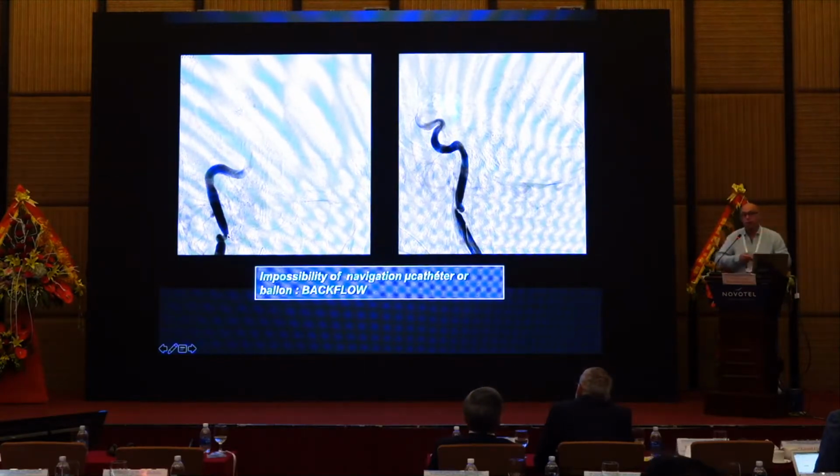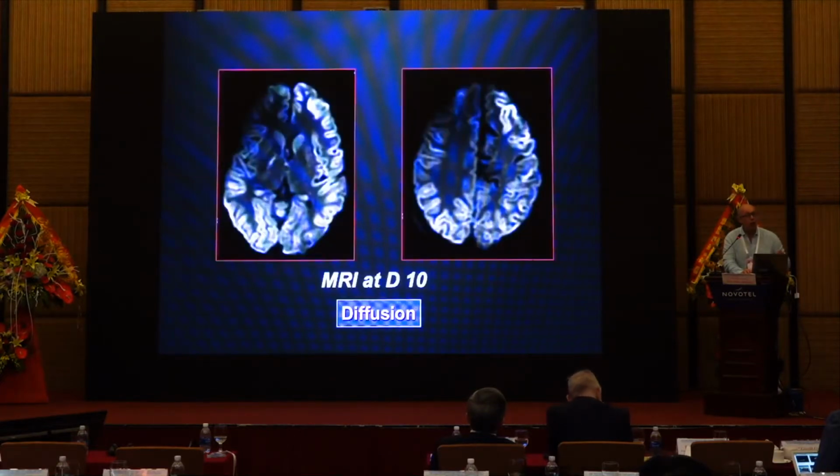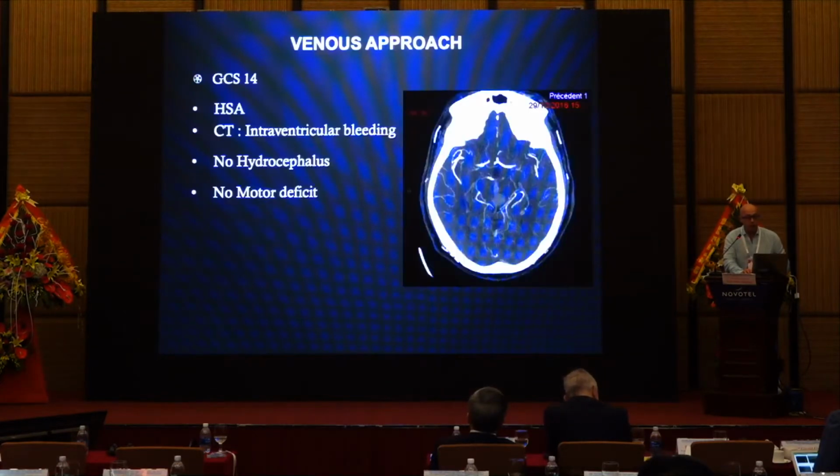Because of the backflow, we couldn't get inside the brain again, and this patient died because of this small aneurysm. So a small related aneurysm with AVM can be a very severe complication. You can have bleeding, and especially this patient had an unruptured AVM. So if it happens again, I would not treat this patient.